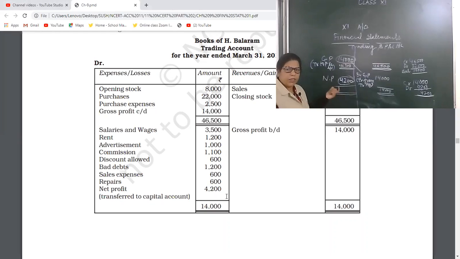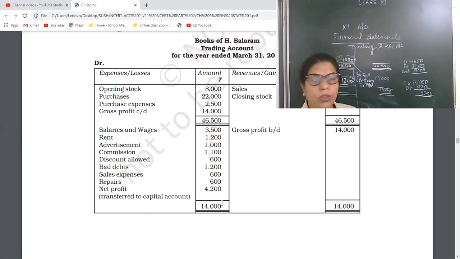And here net profit you will write transfer to capital account. See in the book that is given. So in place of CD and BD, or in the bracket you can write transfer to P&L account, and here you will write transfer from trading account, and net profit should be transferred to capital account.